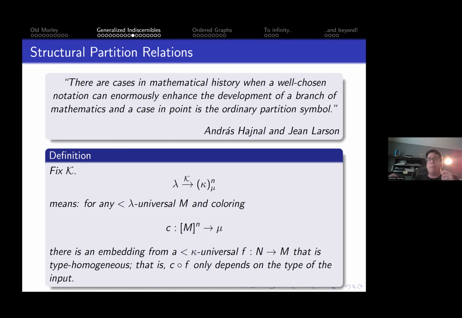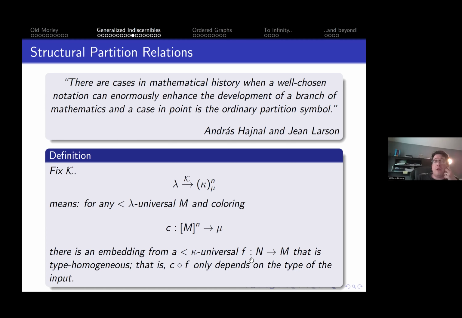I instead require it's less than kappa universal. That's my stand-in. And I want that this subset of M that's induced here is, again, not homogeneous, but type homogeneous. The coloring of a tuple from N depends only on the type of the input.